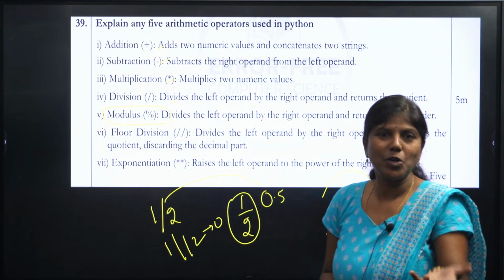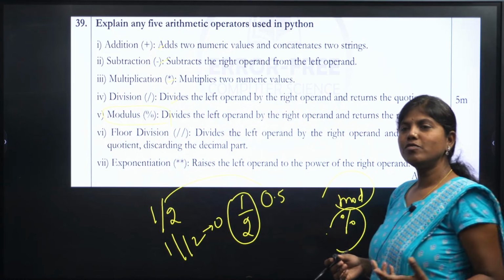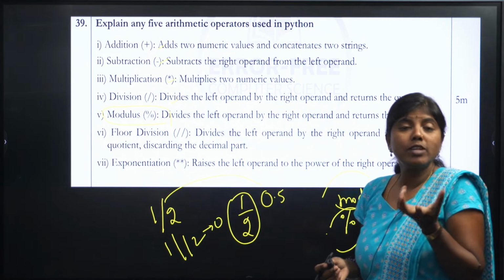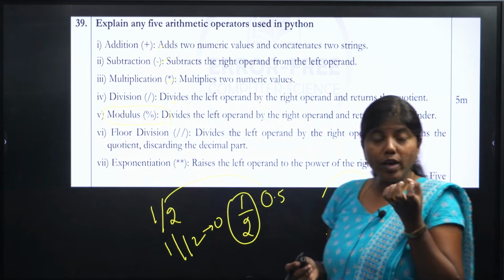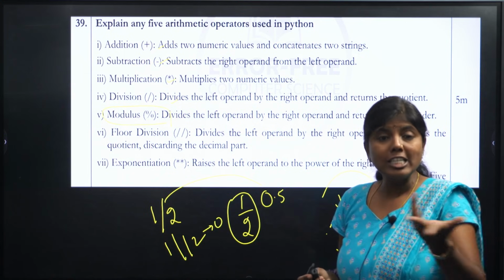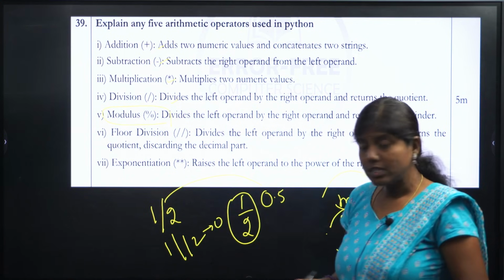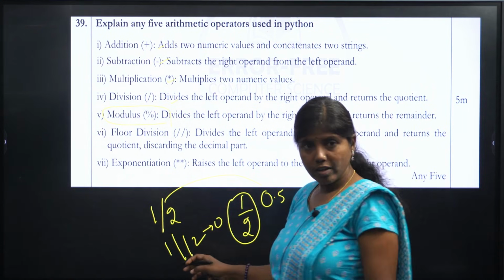It will be 0 because in most applications, when we want only the integer part, not the decimal part, we can make use of floor division, which is very, very important.